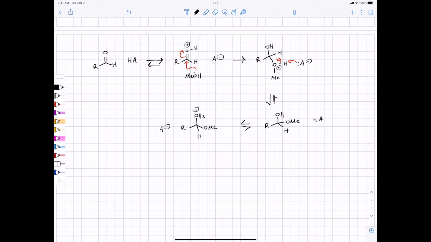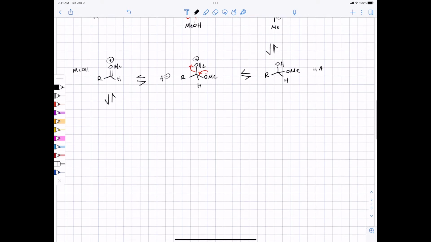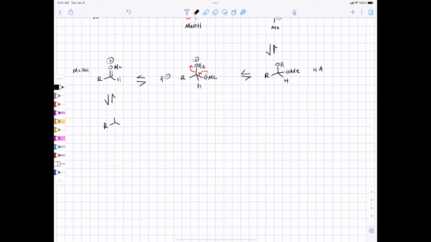Then water leaves. You end up with this weird sort of oxonium ion, which then methanol can attack to give you your acetal.